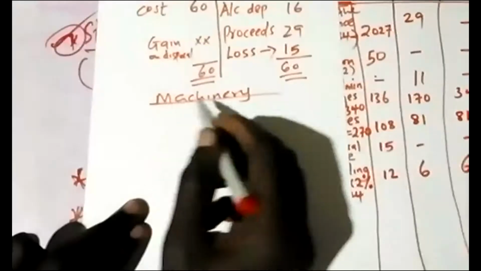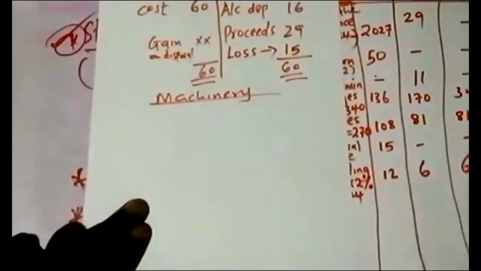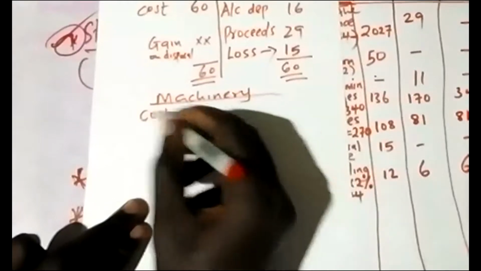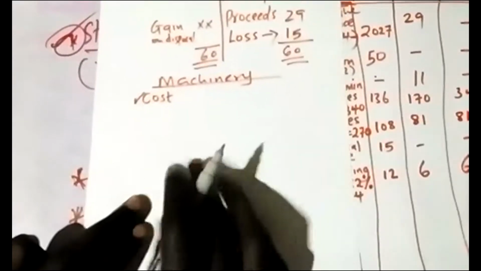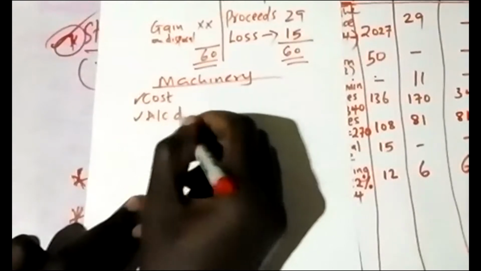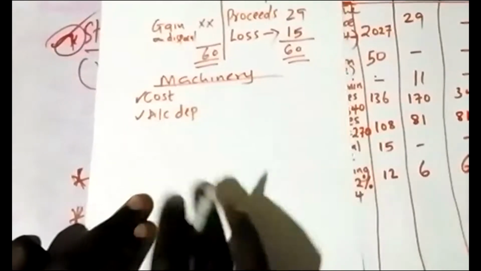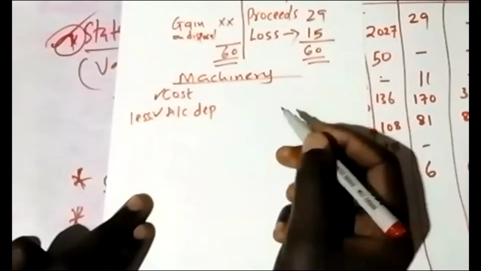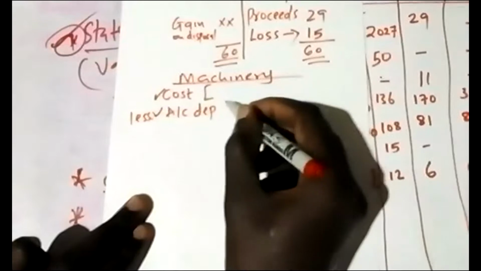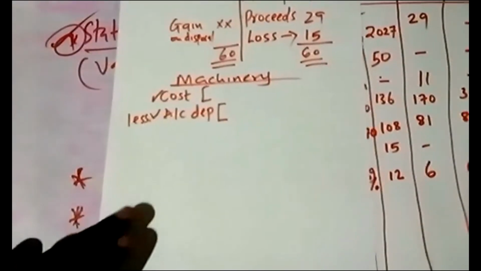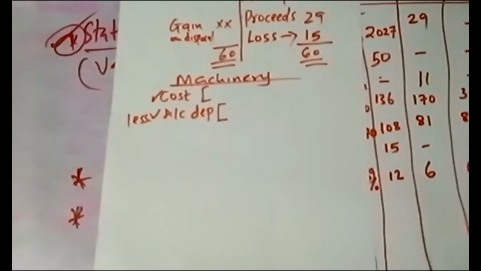Remember that it is on reducing balance, so you take your cost minus accumulated depreciation. But before I do that, I need to get my correct cost and my correct accumulated depreciation after disposal.